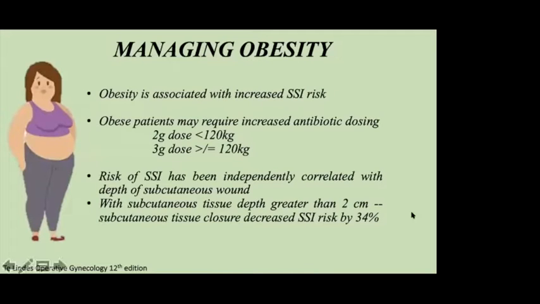So next, obesity. How do we manage obesity? Obesity is associated with increased SSI risk. When prophylactic perioperative antibiotics are selected, obese patients may actually require increased antibiotic dosage. For example, patients with a BMI greater than 35 are given IV cefazolin.